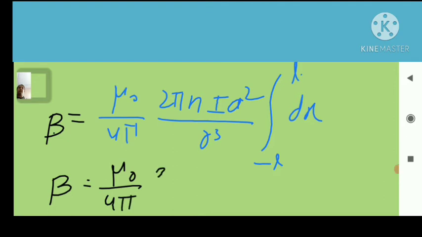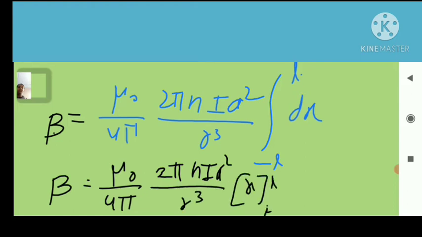The 2 pi and 2 pi will cancel each other. But we write here I a square by r cube, and x from minus L to plus L.